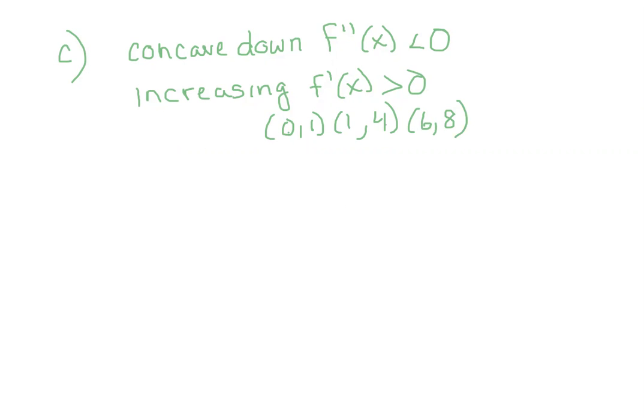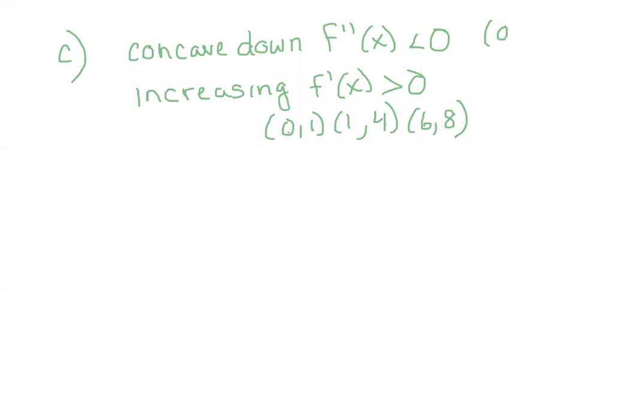Then where is the derivative of the derivative less than 0? It's when these slopes are negative. Okay, so when is the slope negative here?